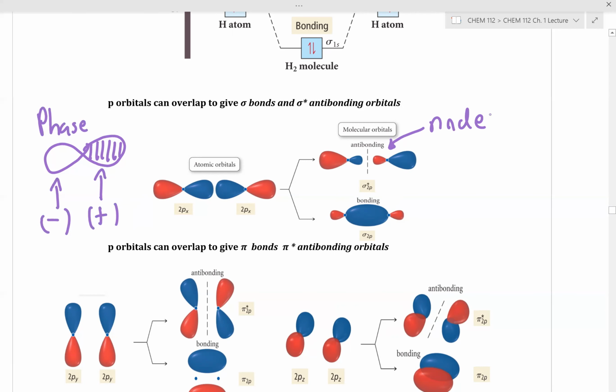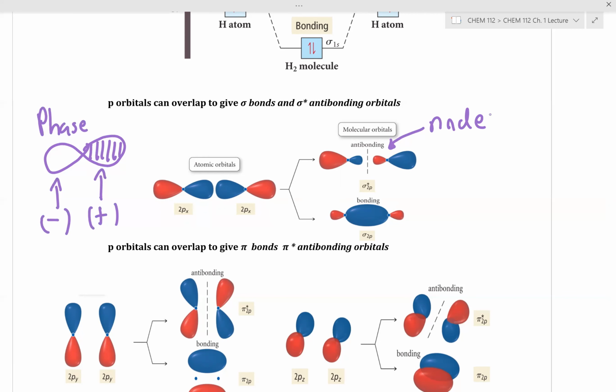Whenever you observe nodes, regions of opposite phase engaging in destructive interference, that's destabilizing. Our electrons would much prefer to sit between our two atoms and be stabilized by both of our nuclei. So, when we form a bond, both of these orbitals are generated. And how we fill these orbitals with electrons determines how our bond behaves in terms of length and strength.